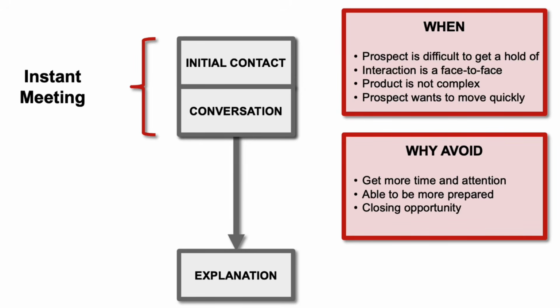The problem with that is that you usually will get more time and attention with the prospect if you draw a line between the initial contact and schedule a more formal appointment and meeting on another day with the prospect. And another thing is that this can also help both you and the prospect to become more prepared for what to ask and what to talk about by stopping and then regrouping and meeting again on another day.